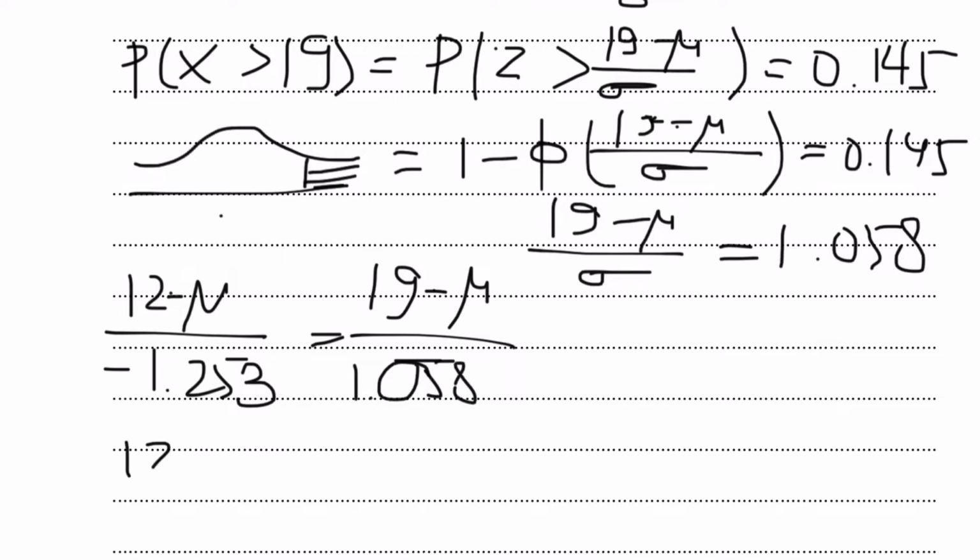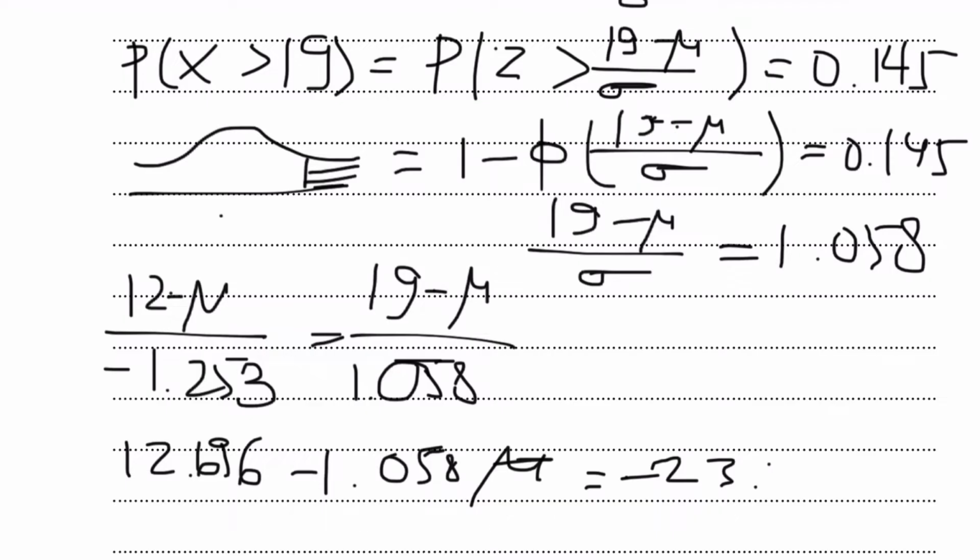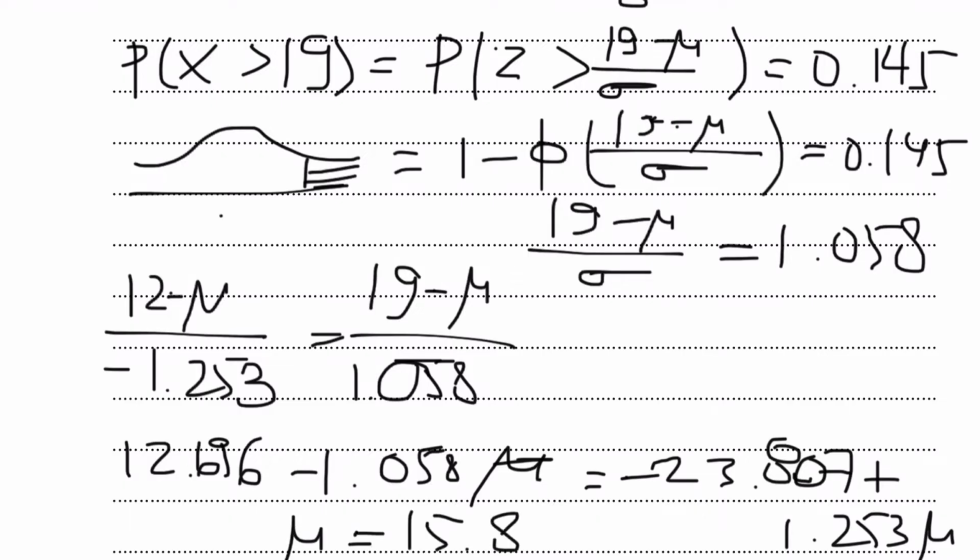So 12.696 minus 1.058 mu is equal to -23807, or 15795.